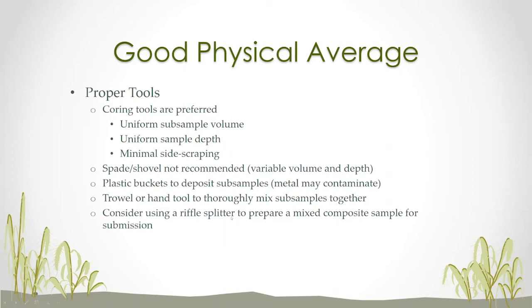Riffle splitters, we'll talk about what they are and how they work, are really useful in preparing a good well-mixed composite sample where you're reducing the overall volume of what you've taken in the field down to something that you're going to submit to the laboratory, so that you don't artificially weight that smaller subsample to a given part of the composite sample that you've taken.